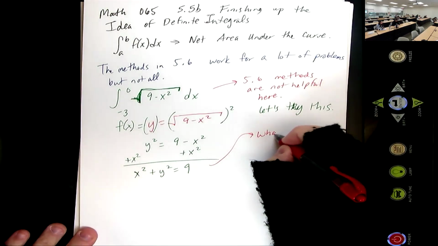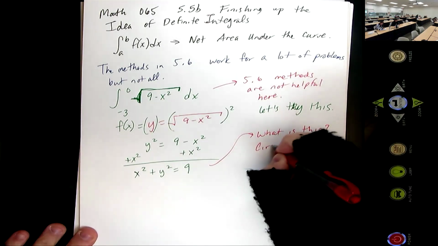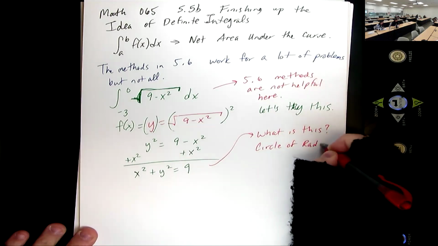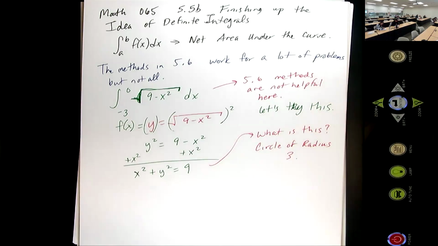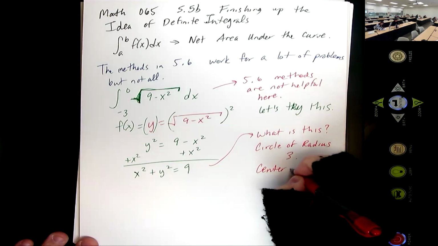What is this? It's a circle. Radius what? Radius 3. Where's it centered? Centered at the origin.